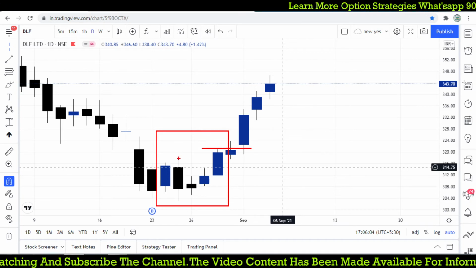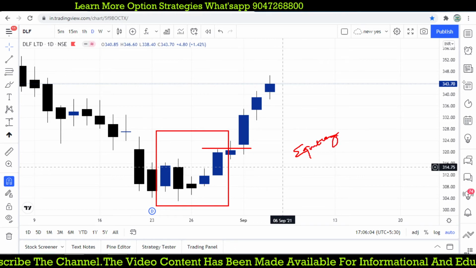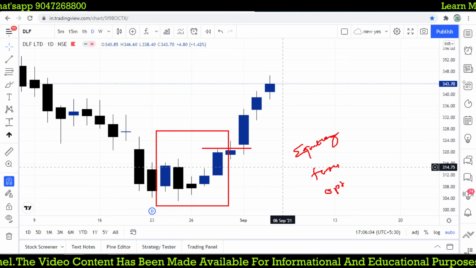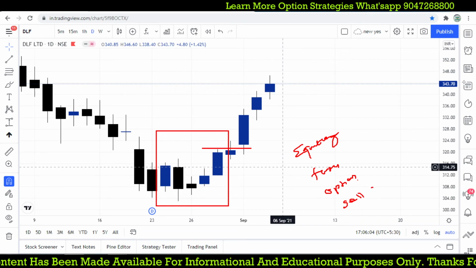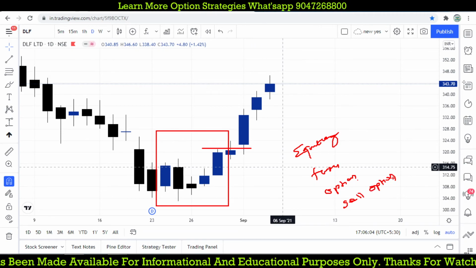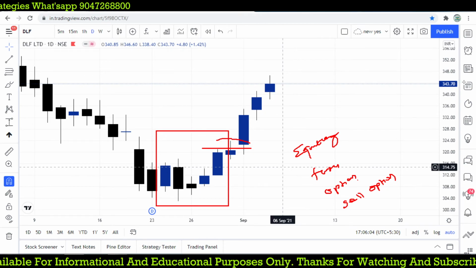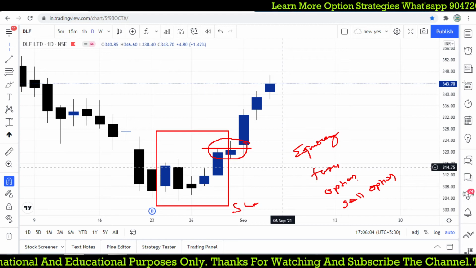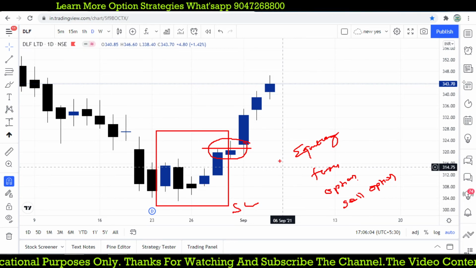Someone buys equity, someone buys futures, someone buys options, someone sells options, sells a put option. So at the point where we find there is a bullish opportunity, with the stop loss below this point, someone can make a hedge trade here.